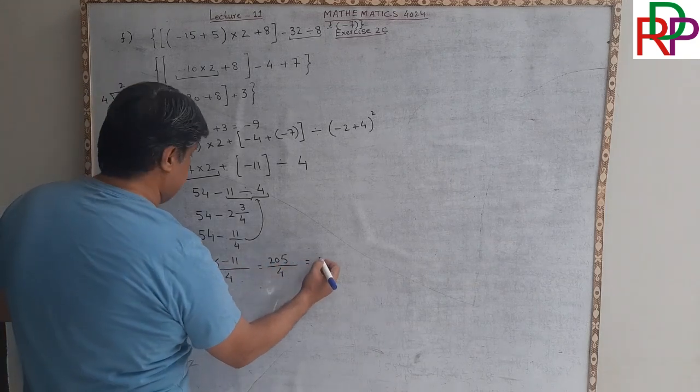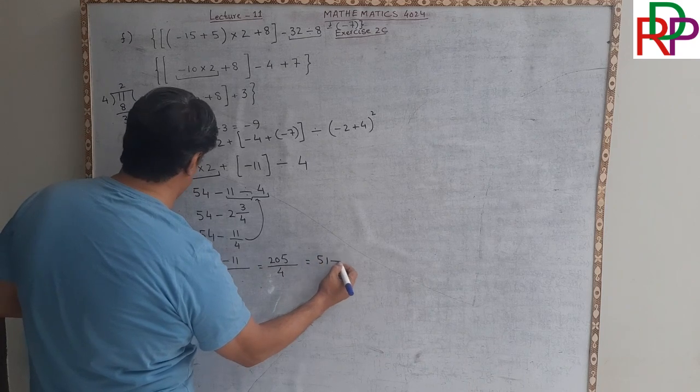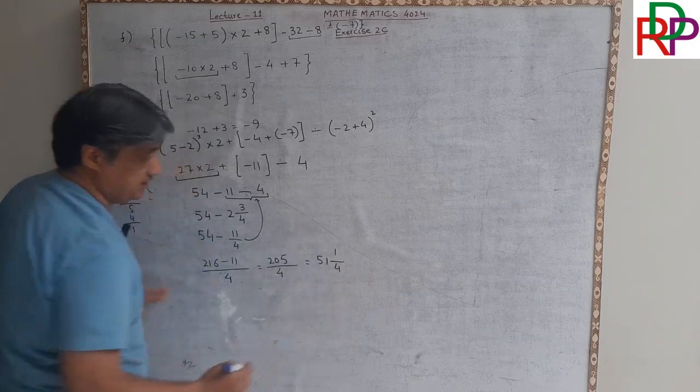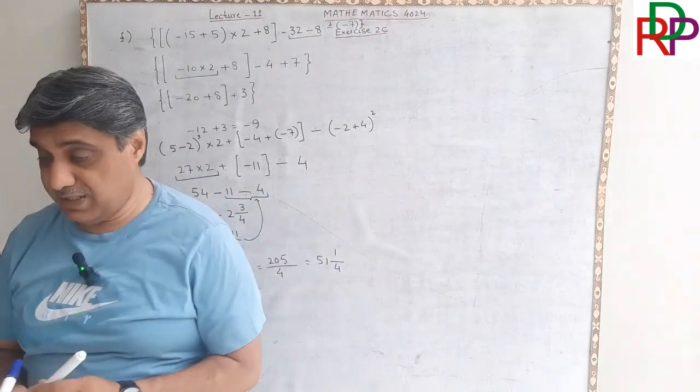So it means that 51 whole 1 over 4 is the ultimate answer.